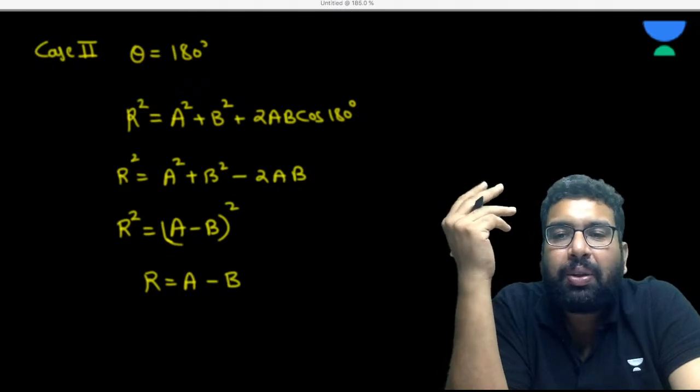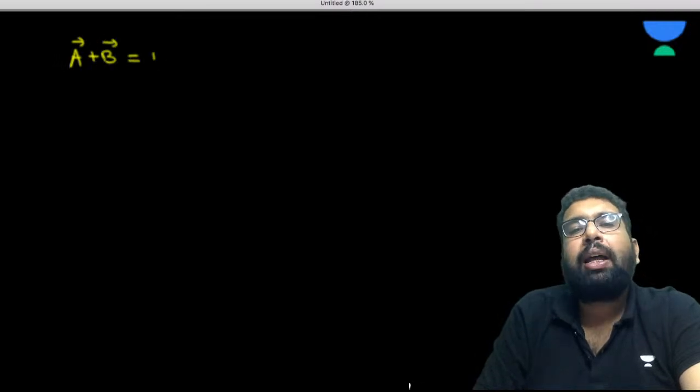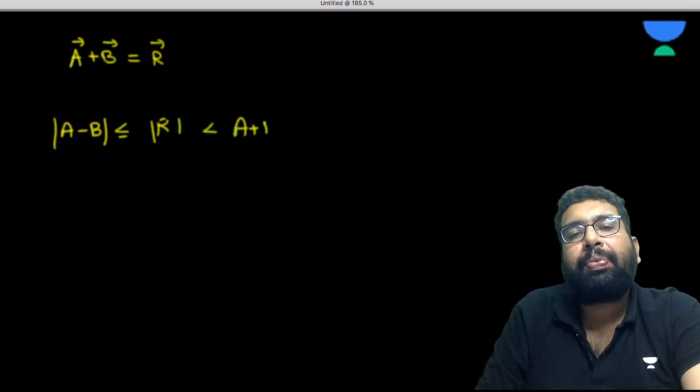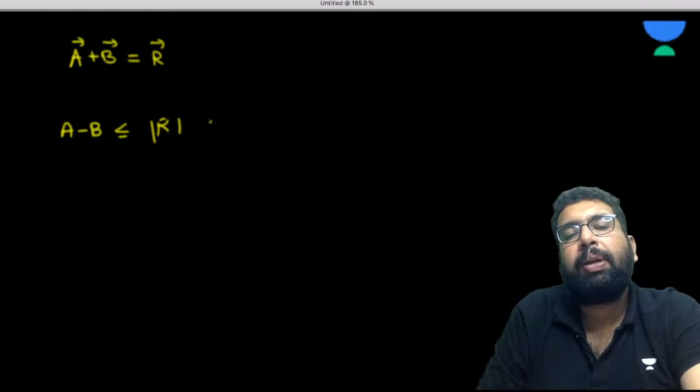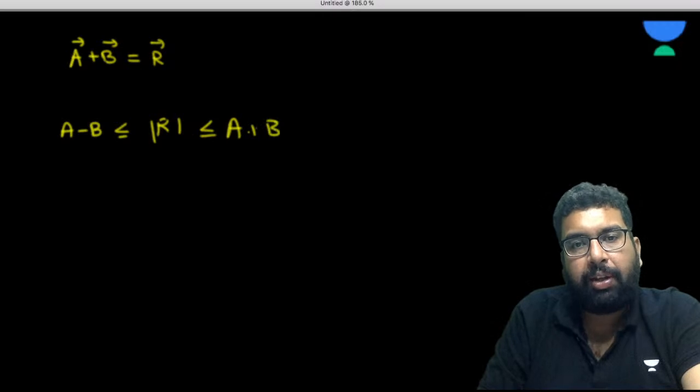So when two vectors are added, this is something I told you in the last session also, the magnitude of their resultant always lies between the difference of the magnitudes of these vectors and A plus B. I must write it like this, A minus B is less than or equal to R, which is less than or equal to A plus B. So this is something we learned in the last session too.